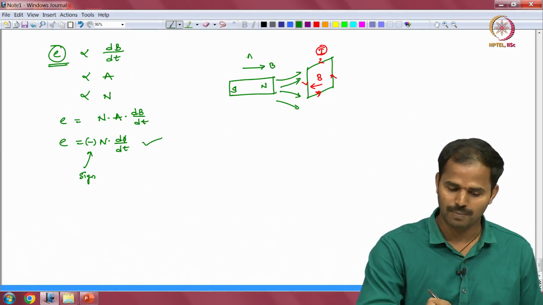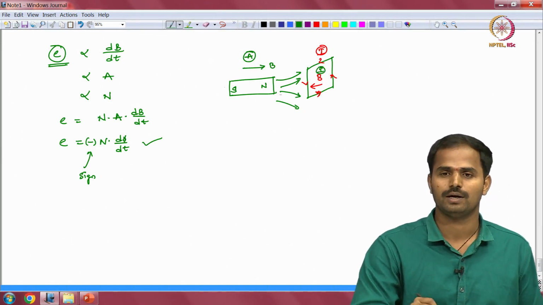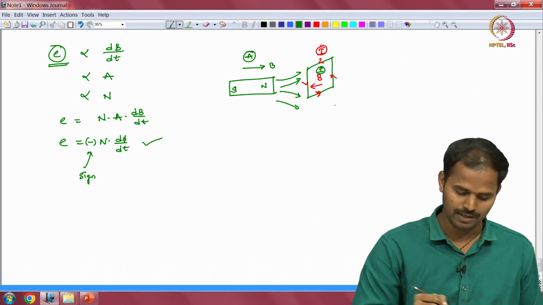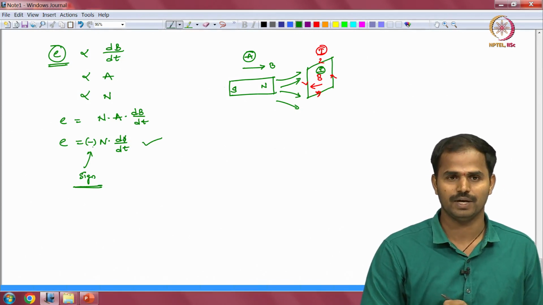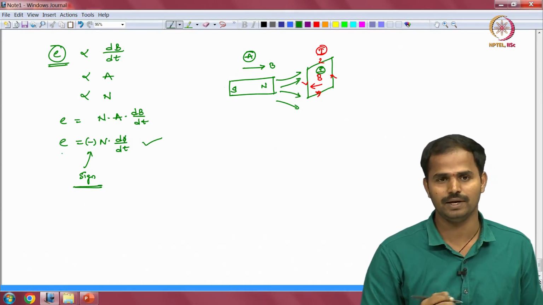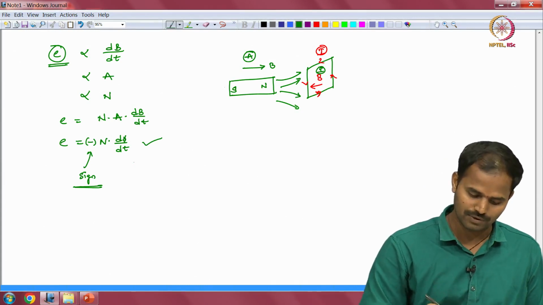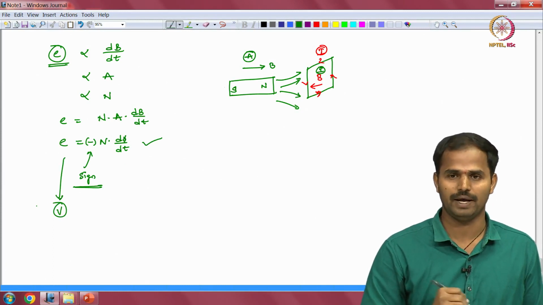So, this is the applied one and this is the induced one, both in opposite directions. That is what Lenz's law explains, and the same thing is the negative sign here. The induced EMF is always in the opposite direction to its source. The source of induced EMF is the source voltage that we have applied.